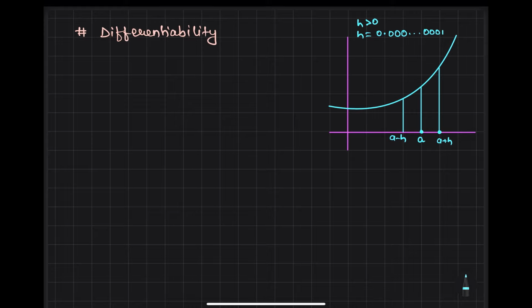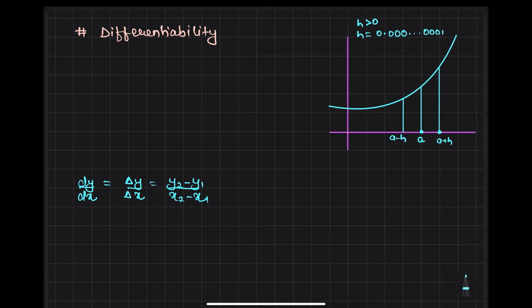Now if you ask me to find out whether the function is differentiable at A or not, I will do these things. Whenever you study the word differentiability or differentiation, you will get this intuition, dy by dx. dy by dx means change in y by change in x, that is, y2 minus y1 by x2 minus x1.